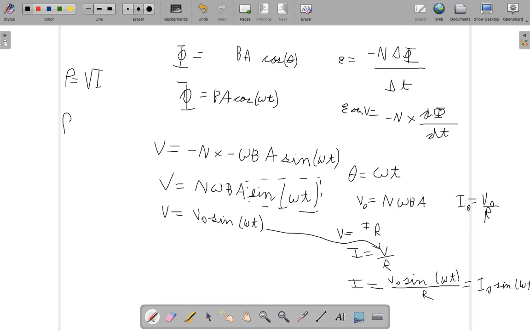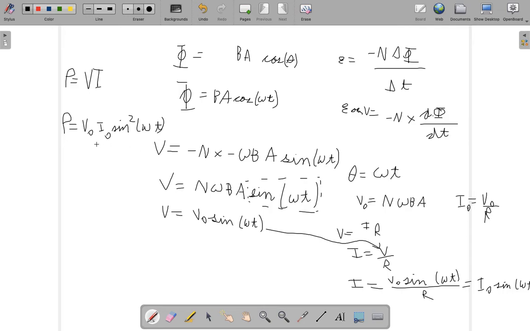And now let's put that back into our power equation, giving us max voltage times max current times sine squared of angular frequency times time.